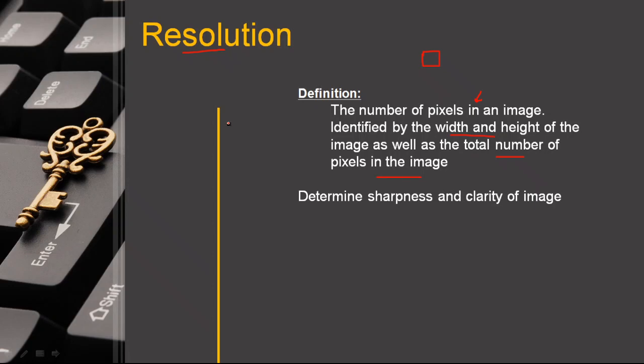We should know the width and height of that image and how many pixels are there in that whole image or whole canvas. If we know these 3 things, we can know the resolution of that image. The resolution determines the sharpness and clarity of that image. What does that mean? The higher the resolution of the image, the sharper and clearer the image.